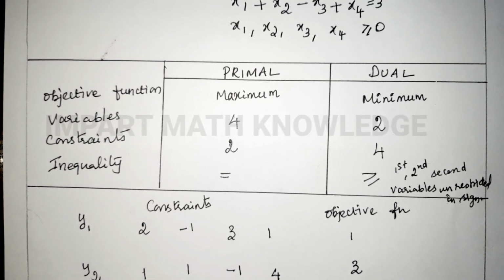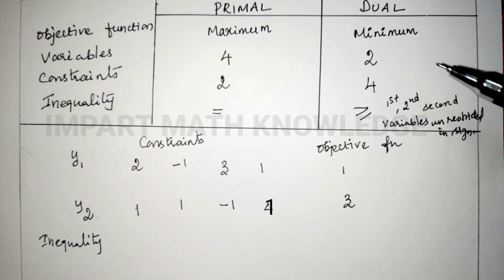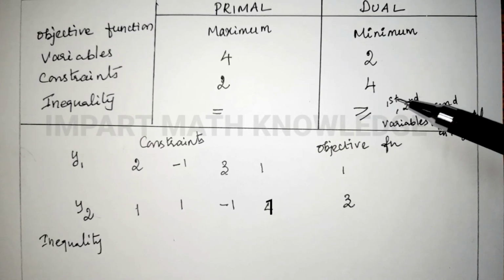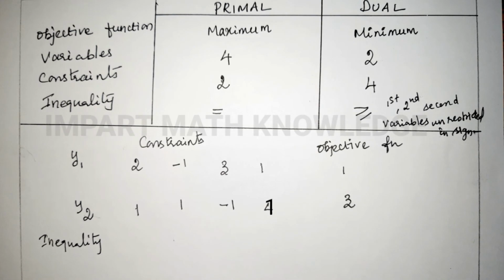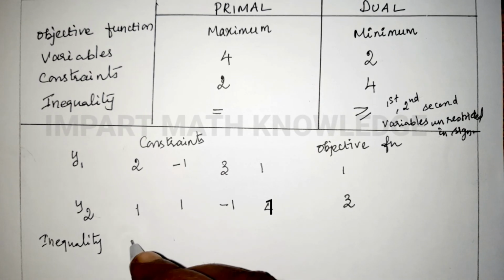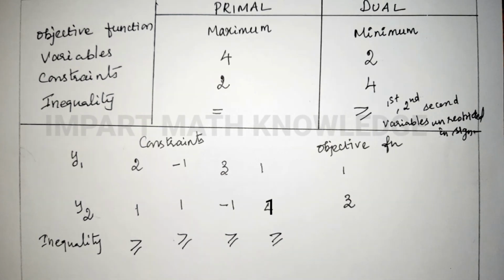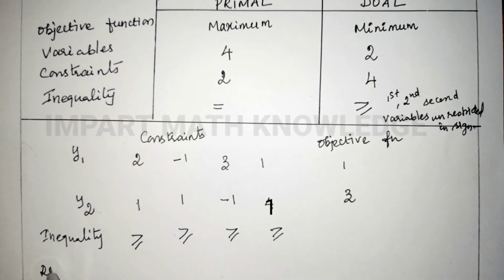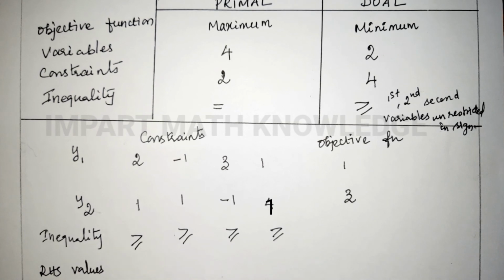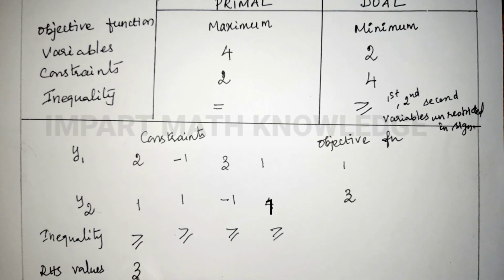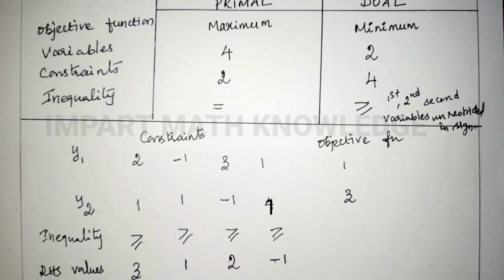Now the inequality is, since your dual problem is a minimum problem, inequality is greater than or equal to symbol. Now the right hand side values are nothing but the coefficient of the objective function, that is 3, 1, 2, minus 1.